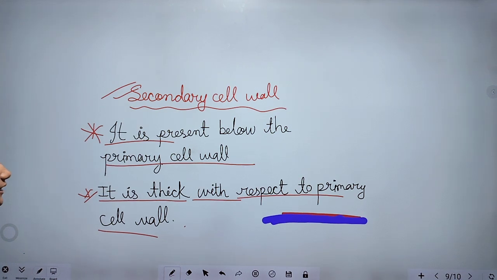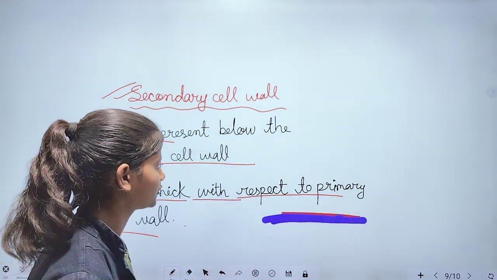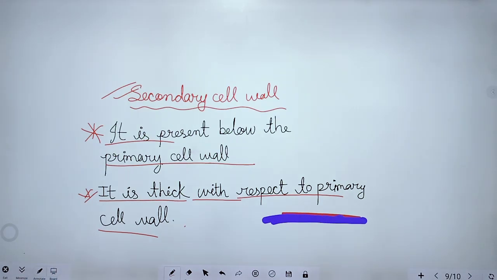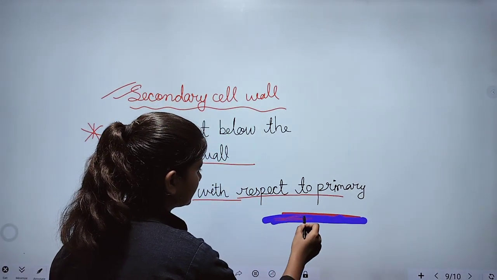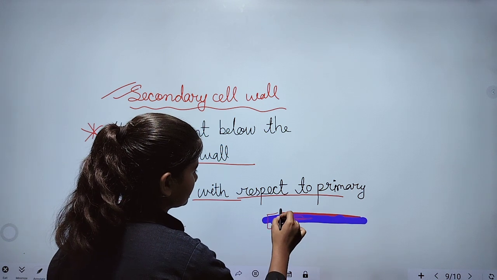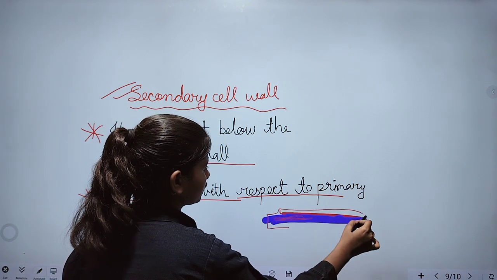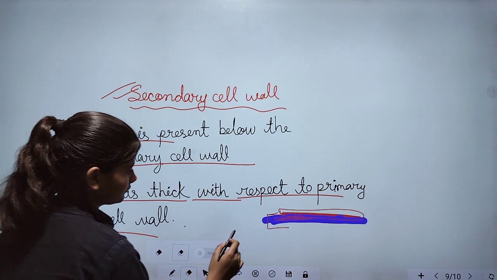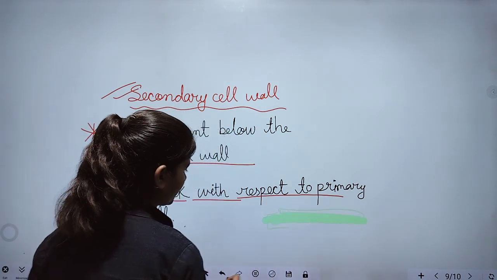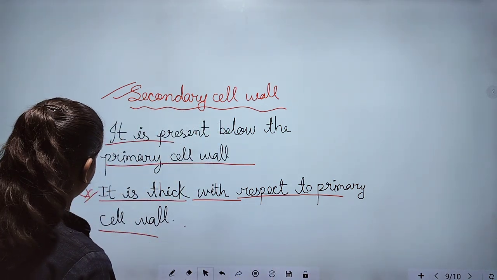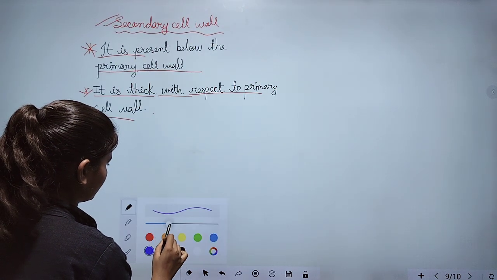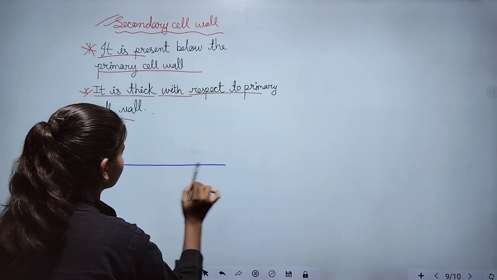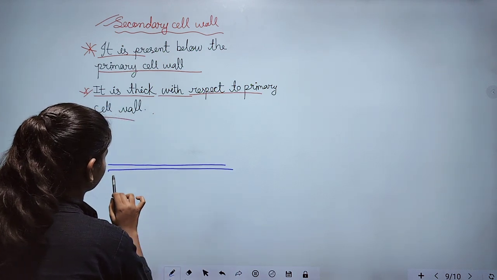And it is thick with respect to primary cell wall. It is thick as compared to primary cell wall. Okay. This one is primary cell wall.